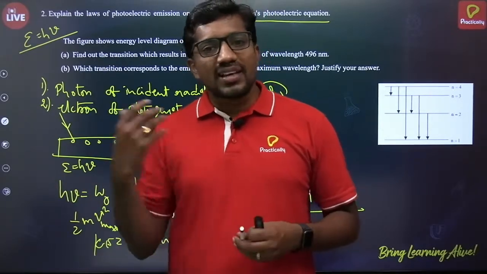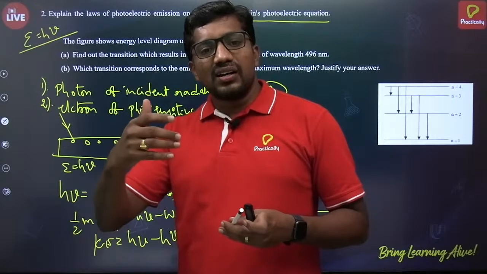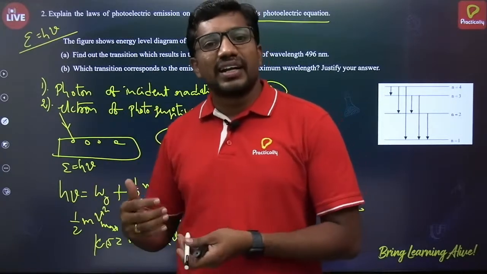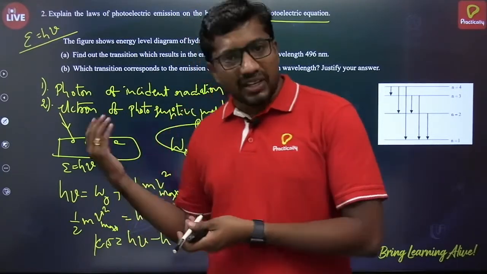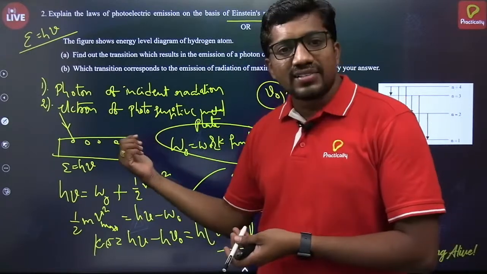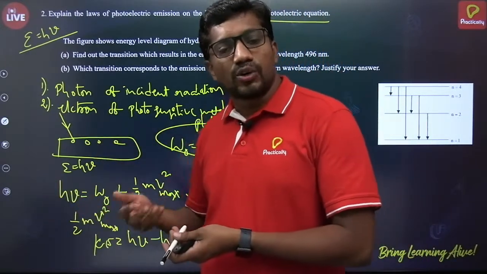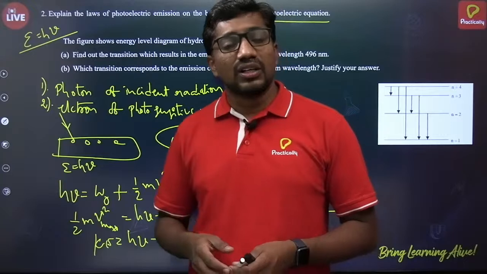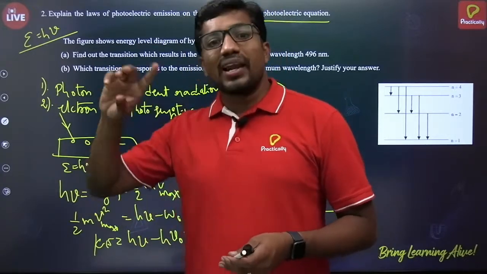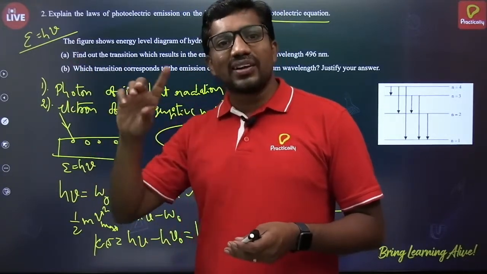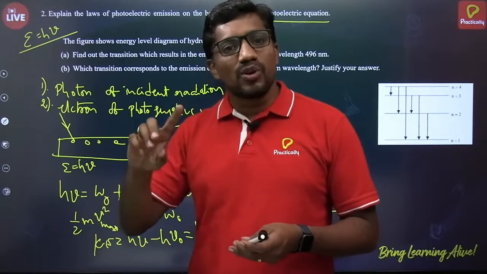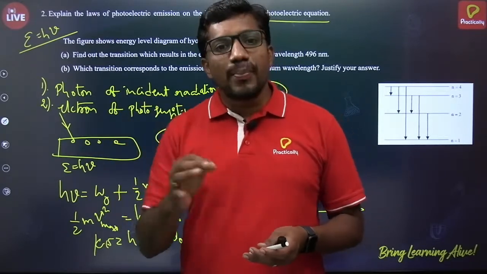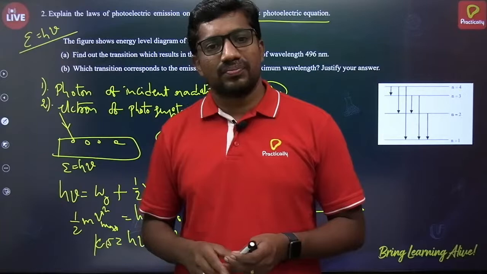As I said, whatever photons are incident, they will use the energy to liberate the electron and to impart kinetic energy to the photoelectrons. So the photoelectron emission rate will depend on the incident radiation. That's the first one.